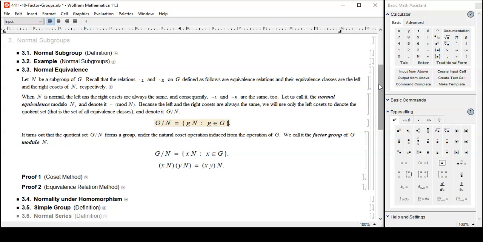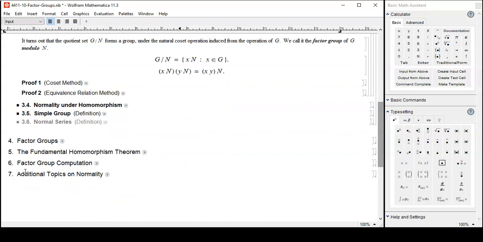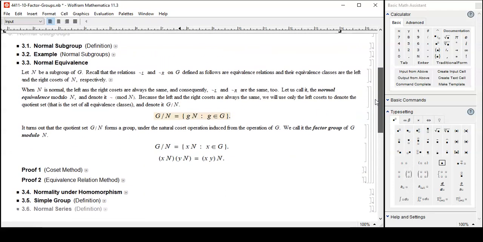And that's the topic for lesson 10. Factor groups, and then the fundamental homomorphism theorem, which is, as a matter of fact, a homomorphism between the factor group and the original group. And then some factor group computation, some further things about normality. They're all revolving around this.